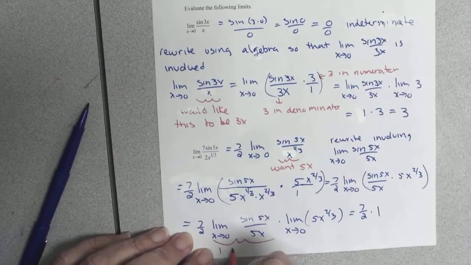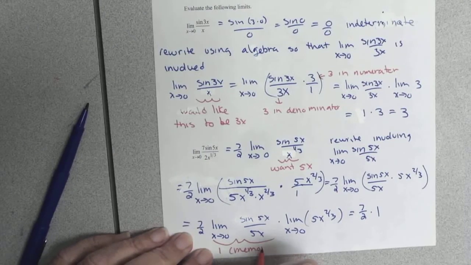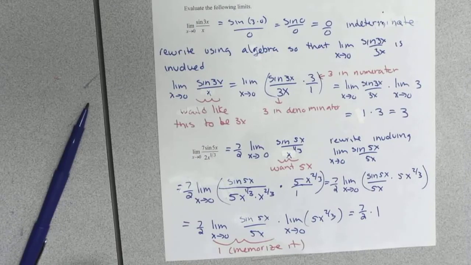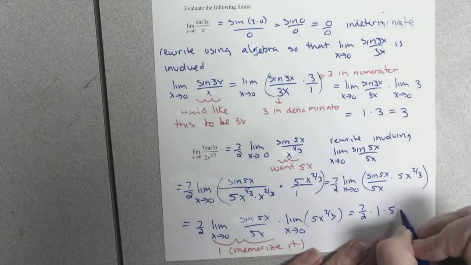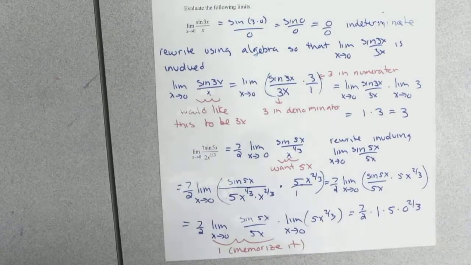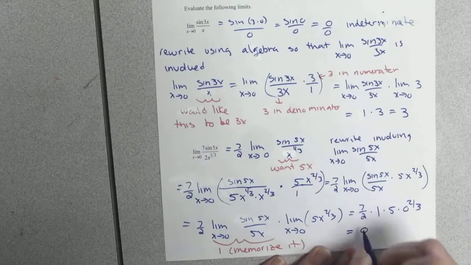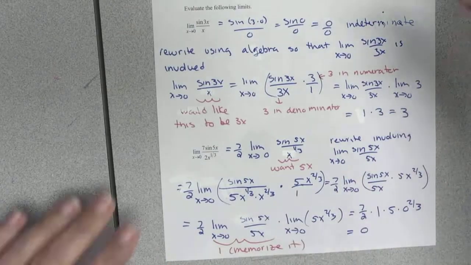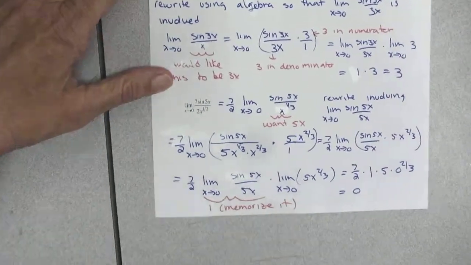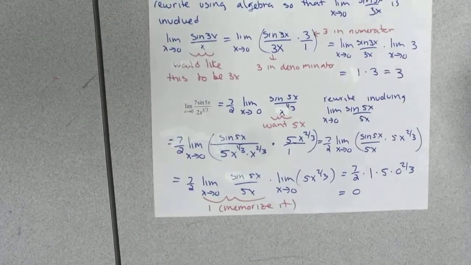That is 1. Memorize it. So I have the 7/2, the 1, and the last limit I can do by substitution. So 5 times 0 to the 2/3, and all of that is going to be 0. So that limit is 0. And we'll end that video.